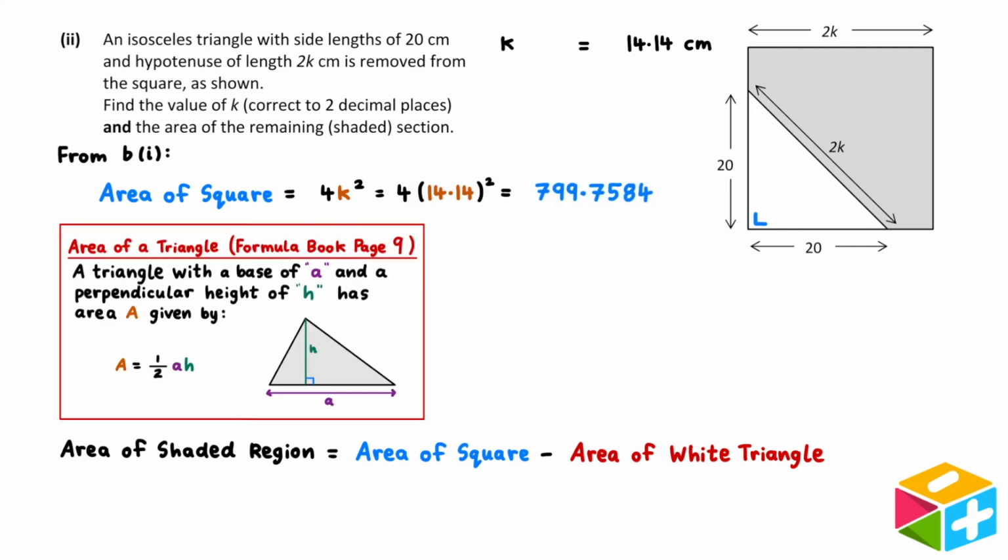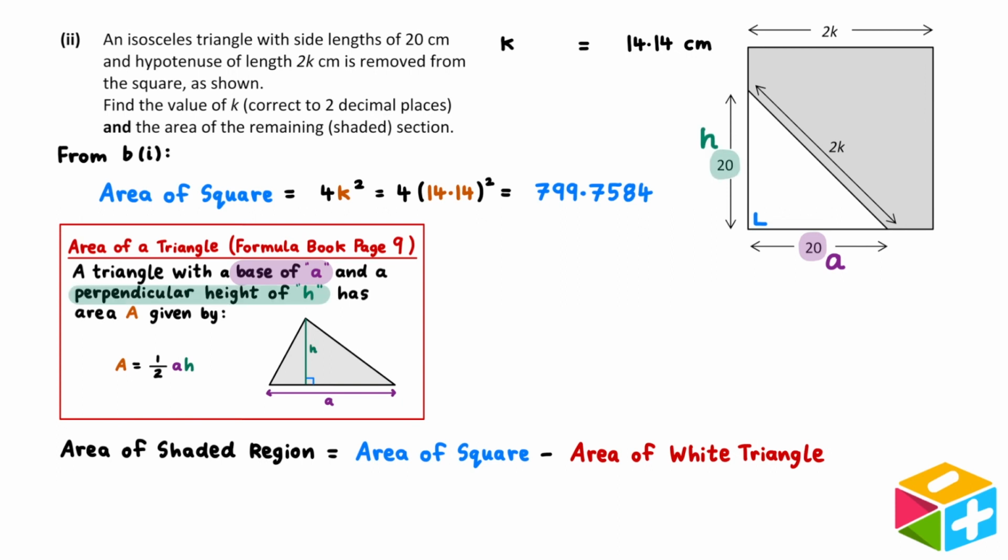When it comes to the area of the white triangle, there's a formula on page 9 of the formula book which will help us. It says that a triangle with a base of A and a perpendicular height of H has area capital A equal to a half times A times H. The white triangle has a base of 20, so A is equal to 20.